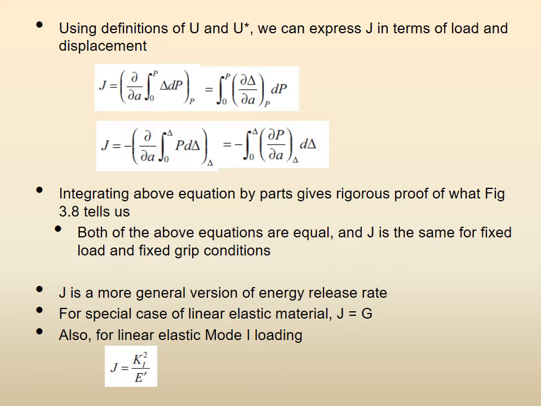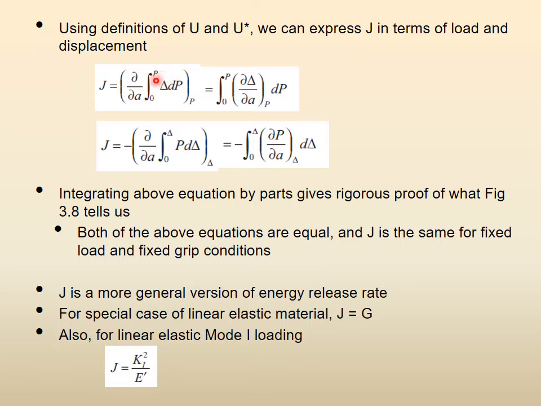So using definitions of U and U star, we can express J in terms of load and displacement. We are again skipping the full derivations. We are directly giving you the results that J is equal to del A of integral delta dP, right, under load control.